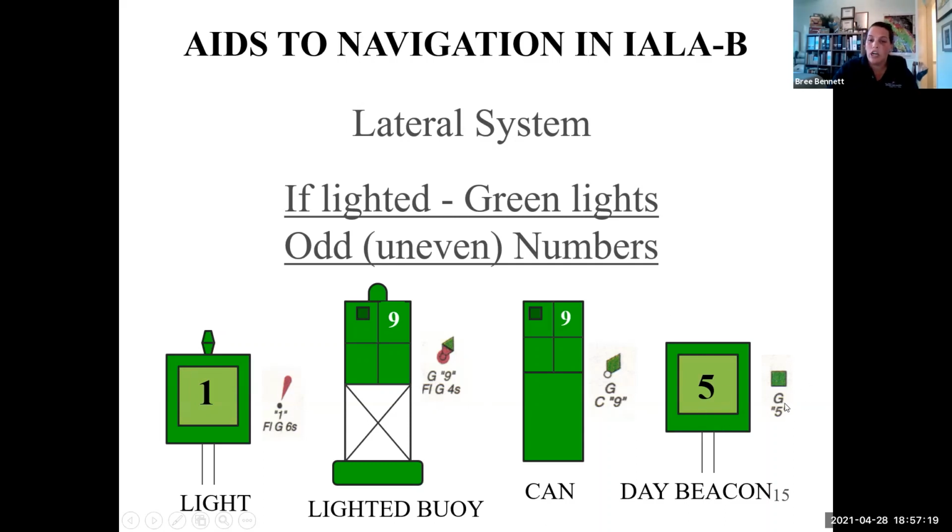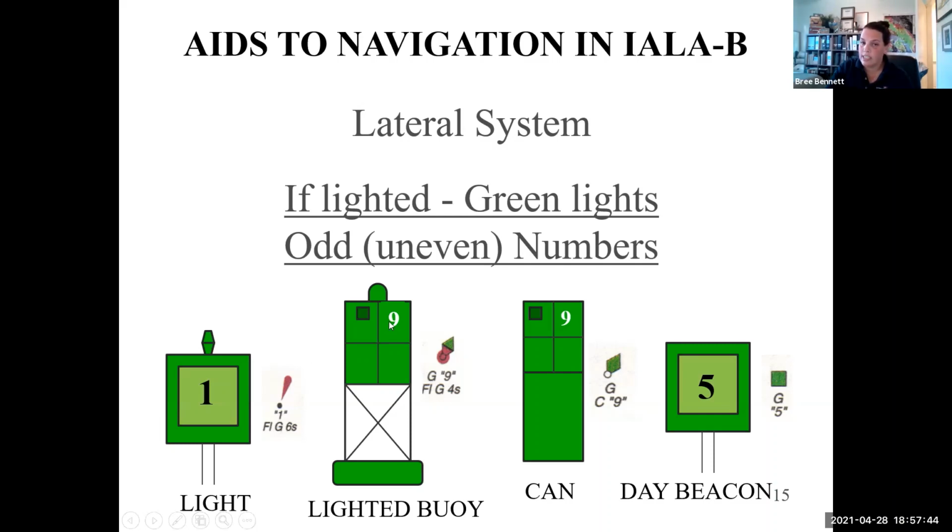When it's on the chart itself, we have two different lines that are describing it. The first part is describing the physical buoy itself. So this buoy here is saying the buoy itself is green, and in quotes, it has a number 9.